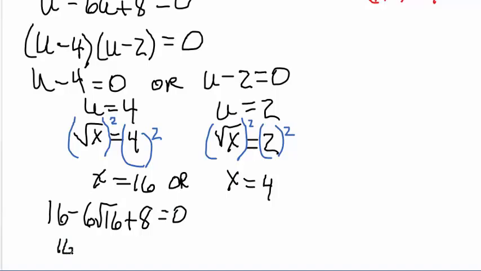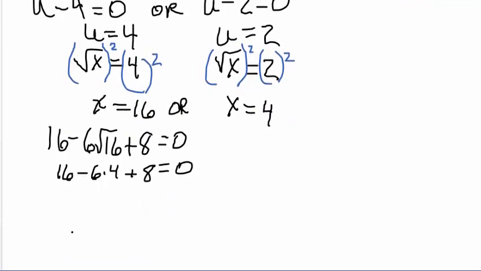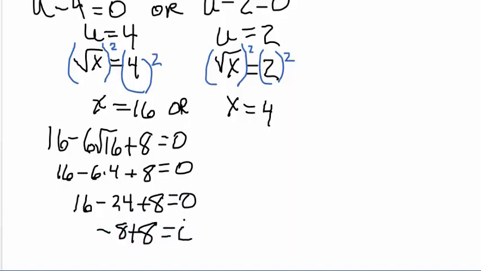So 16 minus 6 times 4 plus 8 equals 0. So 16 minus 24 plus 8 needs to be 0. So negative 8 plus 8 really is 0. That's true. So that means x does equal 16. Remember, you have to check whenever you solve an equation by raising both sides to an even power.